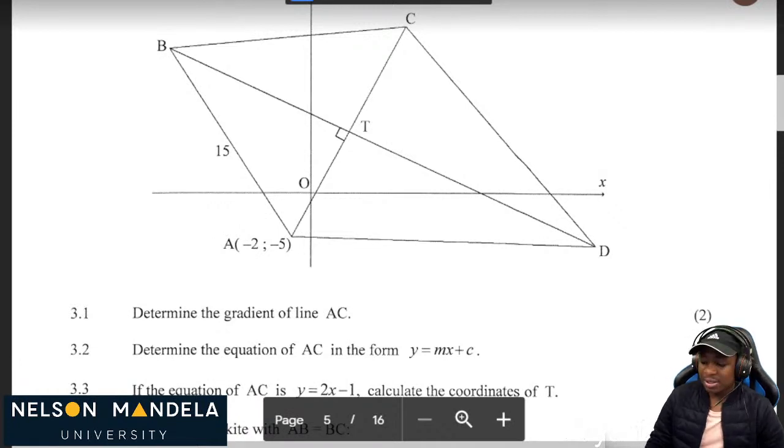As always, we already know the coordinates of T. That's the midpoint. There's this nice formula which says xm is equal to x2 plus x1 divided by 2. xm represents the x coordinate of the midpoint. T is the midpoint of the line AC.